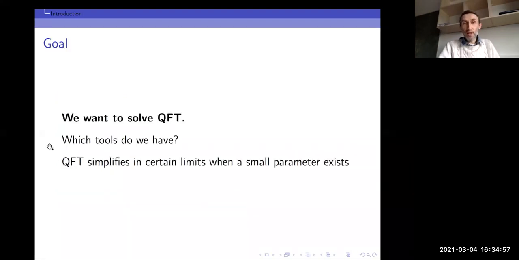So broadly, of course, our goal is to solve quantum field theory, which is, of course, a very ambitious task. But which tools do we have at our disposal? Of course, as you all know from the quantum field theory courses at the universities, we start with perturbation theory, in which case we have a small parameter and quantum field theory simplifies.